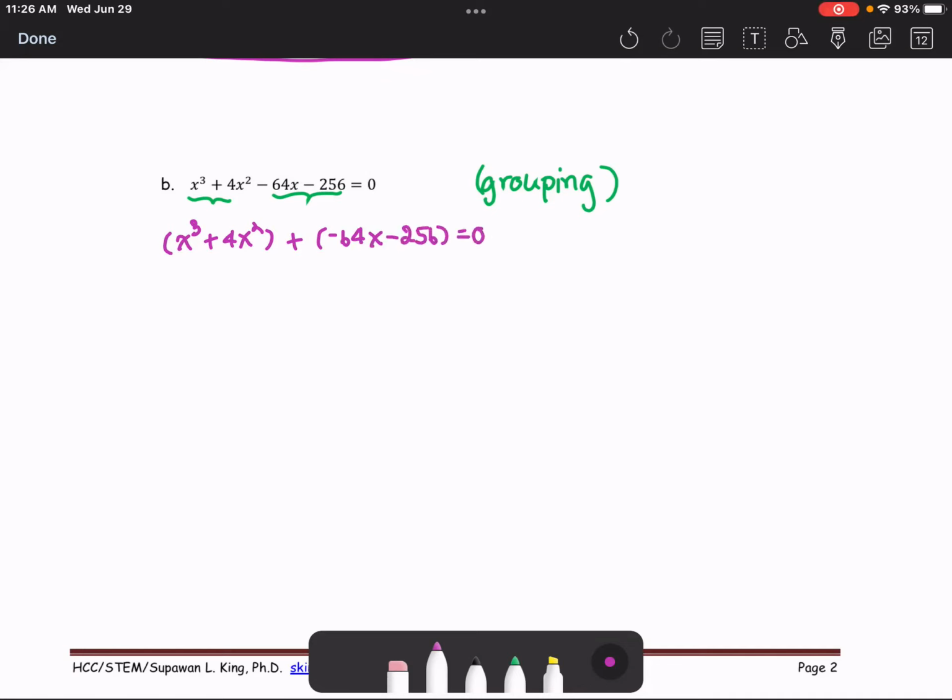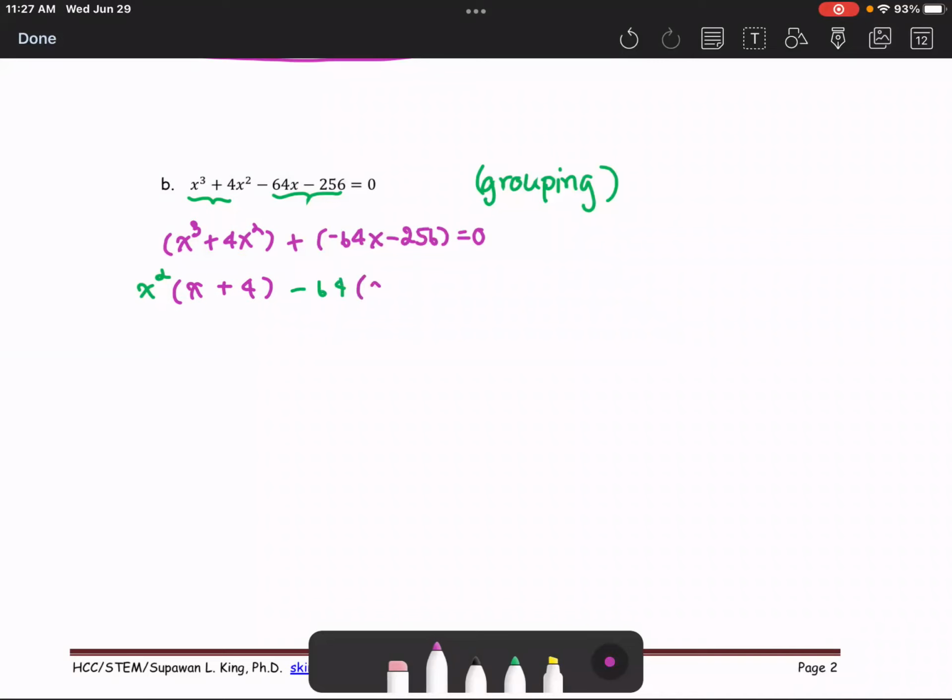And then find the greatest common factor of each group. The first one, we have the greatest common factor as x to the second. And then in the parentheses, we have the remaining factor as x plus 4. And the second group, the greatest common factor would be negative 64.